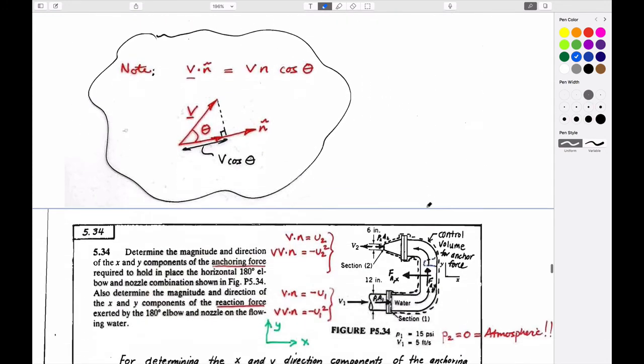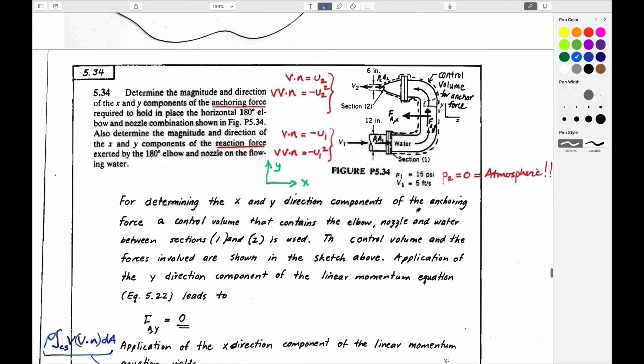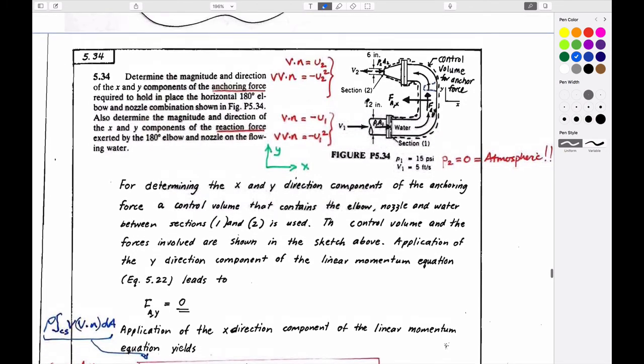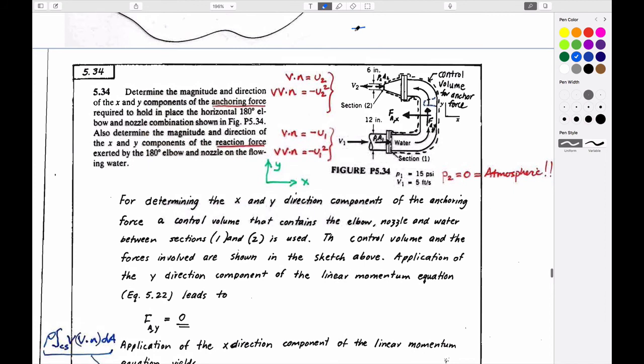The examples we did mean that we have to account for the sum of the forces. We know that the sum of the forces has to include both forces that are applied, as in this case, this reaction, but also the pressures multiplied by the areas.